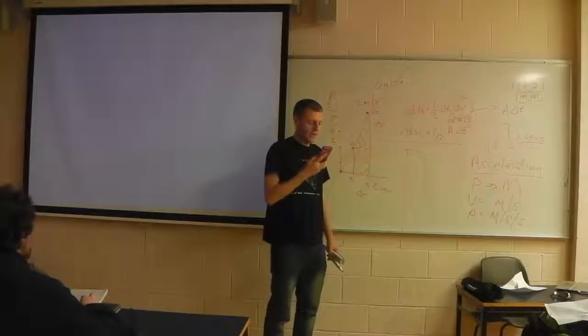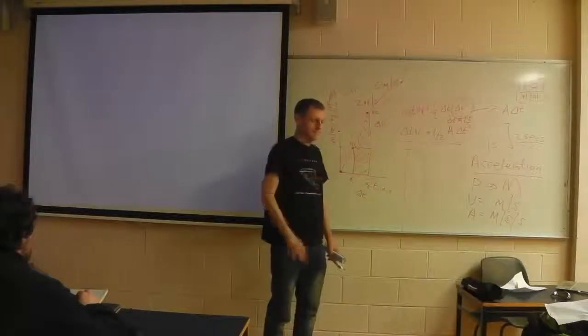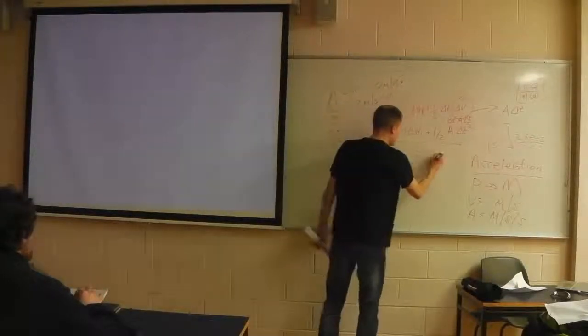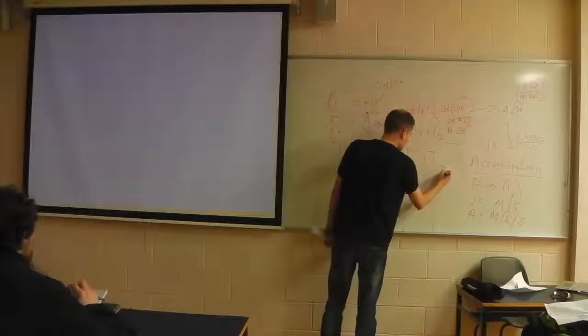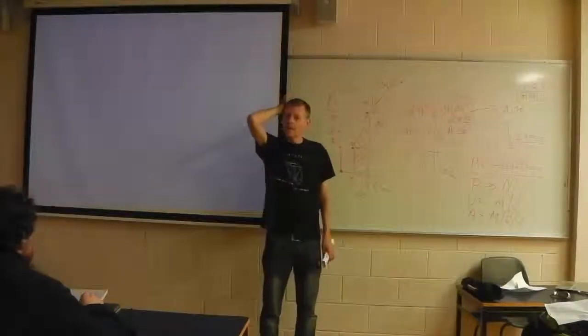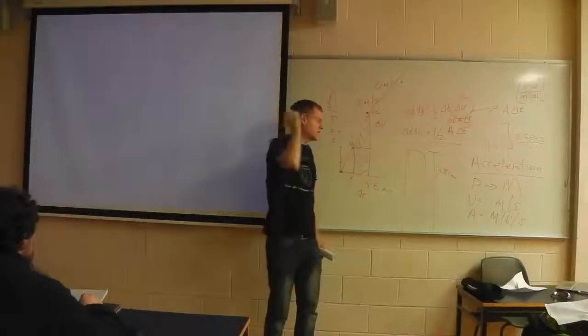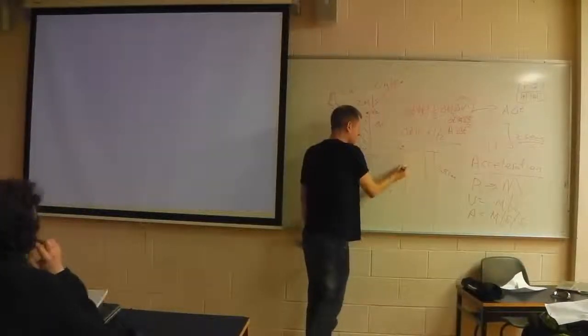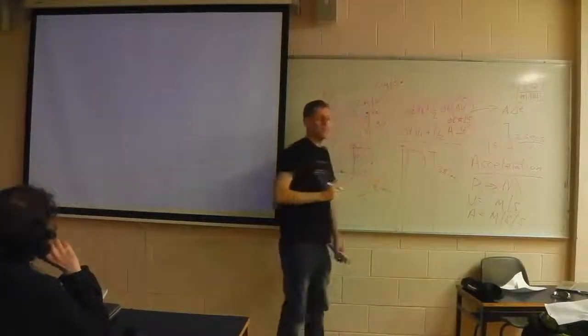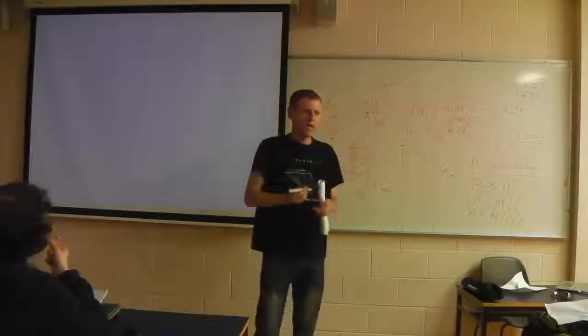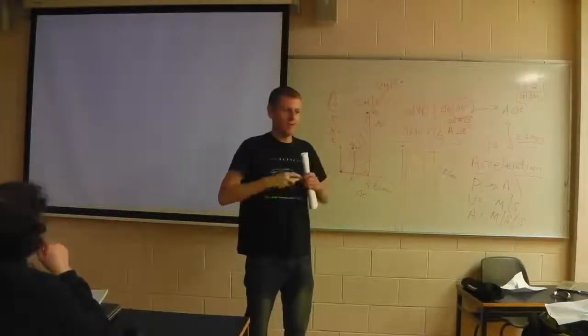What's the height of the Empire State Building? 381 meters. That seems really short. Tell me, how long would it take if I dropped a coin from the top of the Empire State Building for the coin to reach the bottom? And how fast would it be traveling when it reached the bottom?